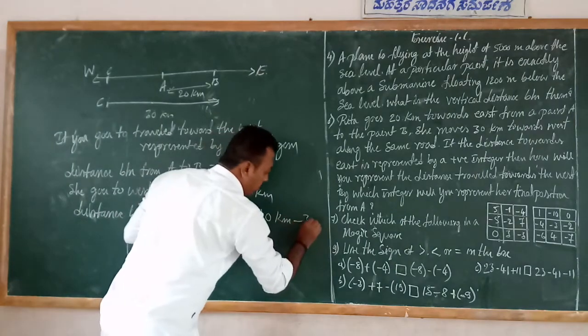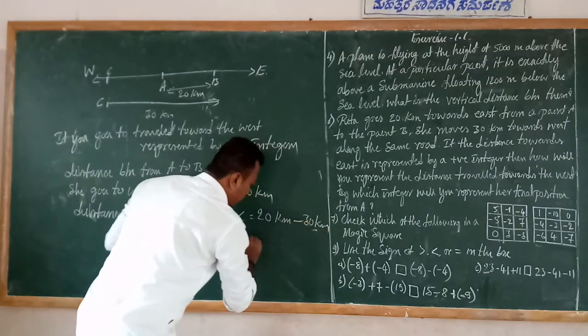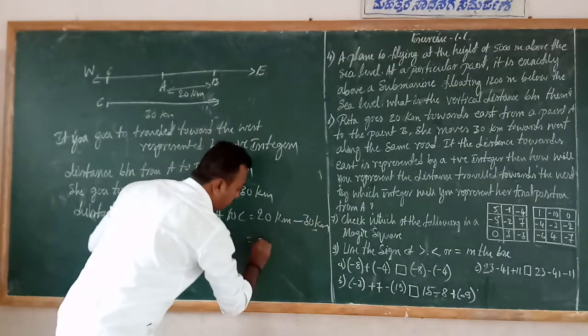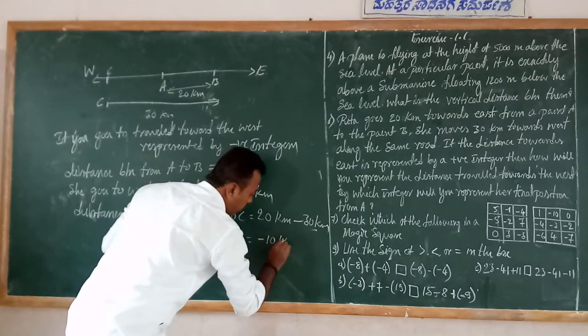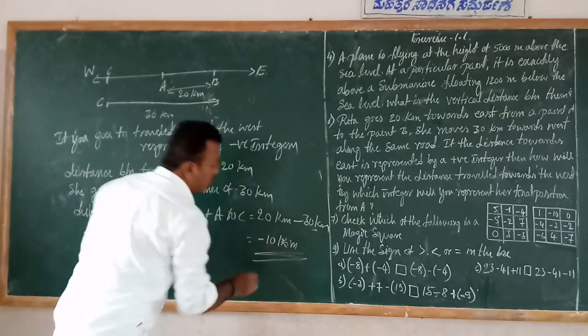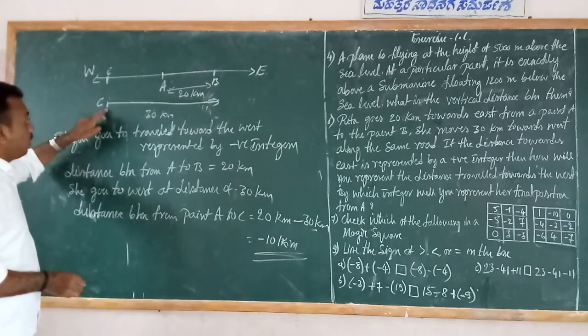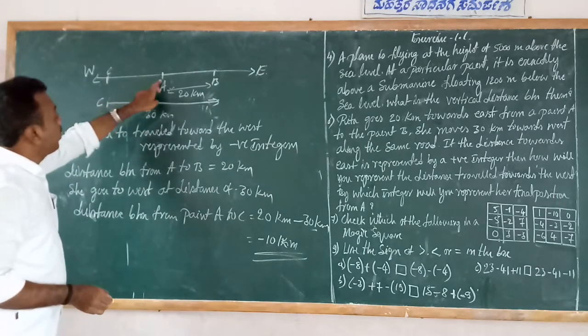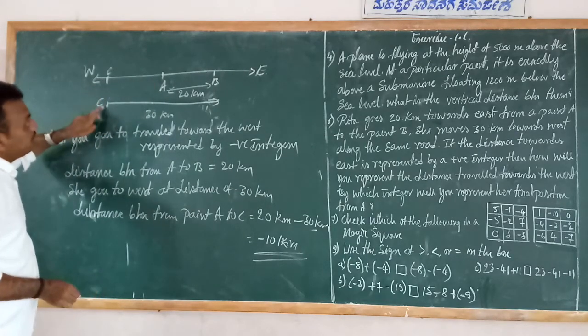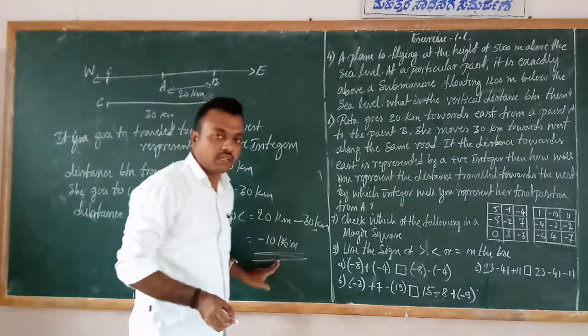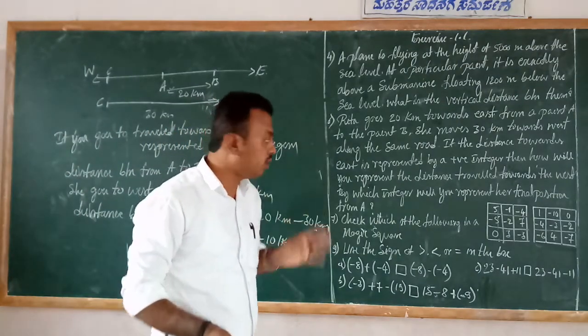Minus 30 kilometers. Correct. So 20 kilometers minus 30 kilometers becomes minus 10 kilometers. That's all. So the distance of Rita from the point A to the final position, point C, is minus 10 kilometers. Understand? Very simple concept.